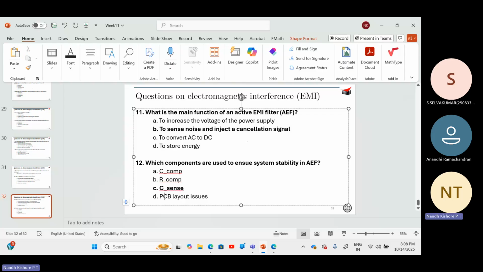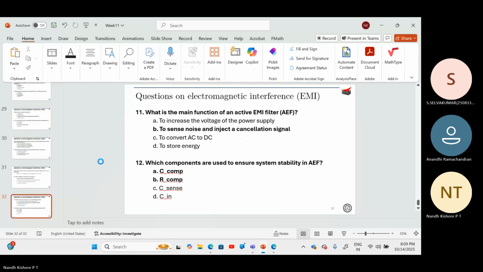This is a multiple select option. Multiple answers can be correct. So what are the answers? So which components will ensure system stability? So to ensure system stability, the components are A and B, that is C comp and R comp. Okay.